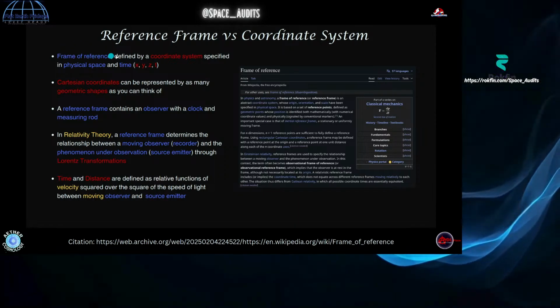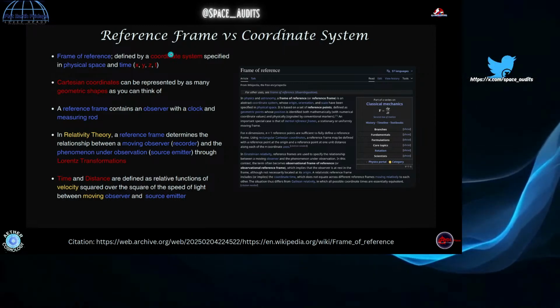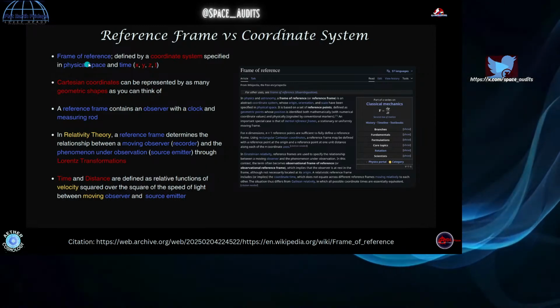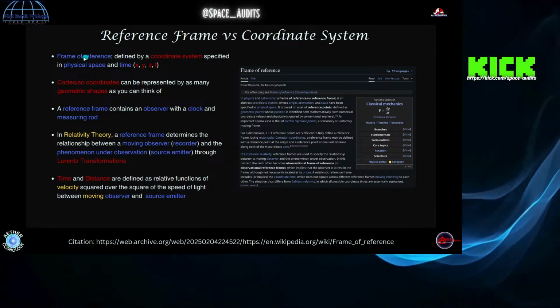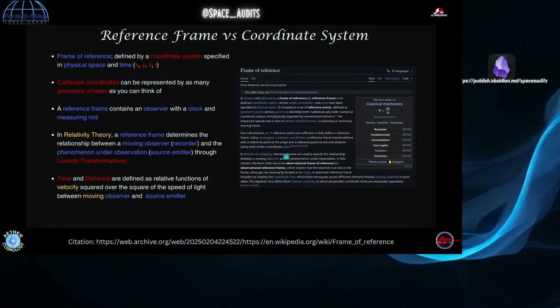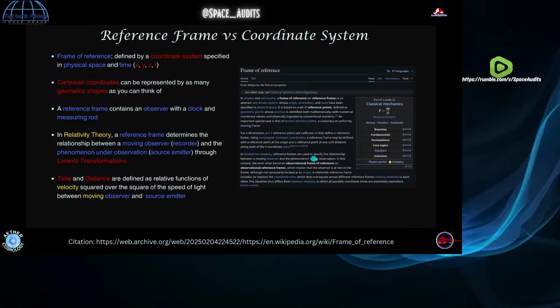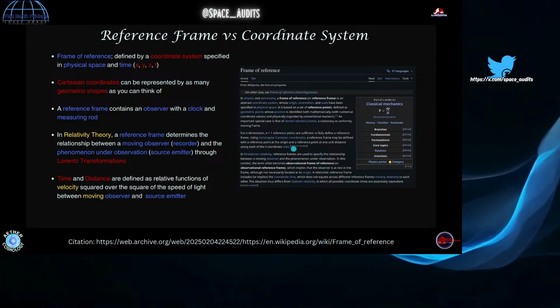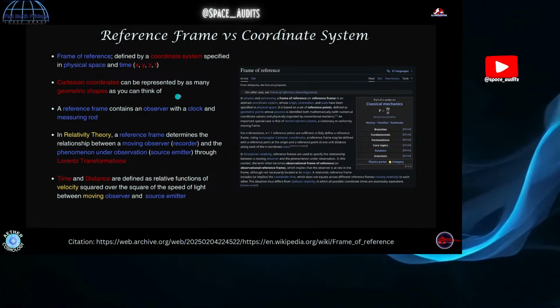So a reference frame is comprised of a coordinate system. It'll describe the dimensions, etc., that kind of stuff. But when we're talking about where the instrument is, that's going to be a specific way to refer to that. And then in relativity, they even say here on the Wikipedia, they call it the observational reference frame, meaning where the observer is. And this will be an important distinction as we move forward here.